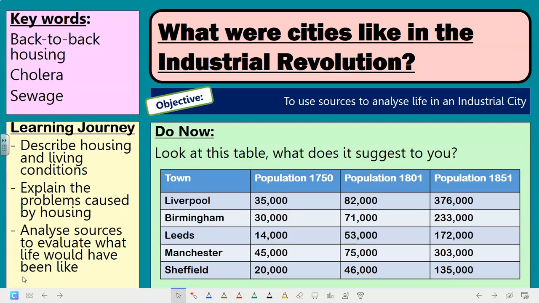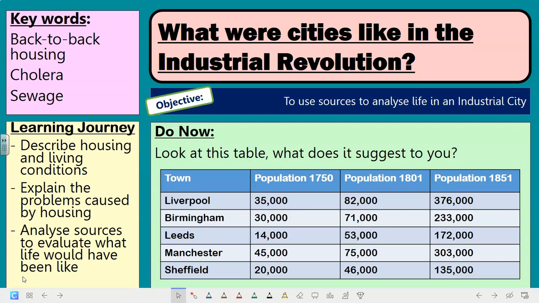We know that the population was increasing during this time period. However, if you look between 1801 and 1851, we have a very steep increase. If you think back to a few lessons ago when we looked at the population, this was called an exponential increase.